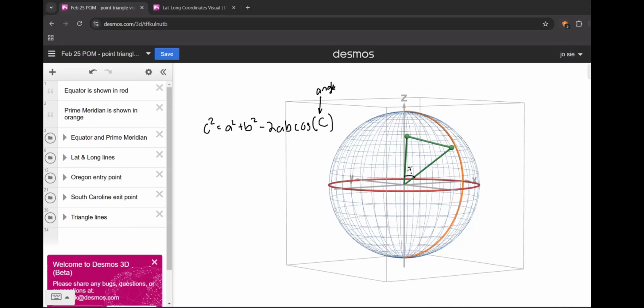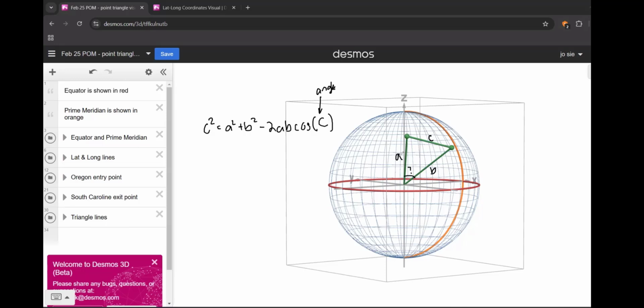So if I want this to be my angle, then I need this side to be my side c. It doesn't matter which of the other two sides are a or b, so I'll just write them like that. This is the way we want to approach figuring out the angle between sides a and b.